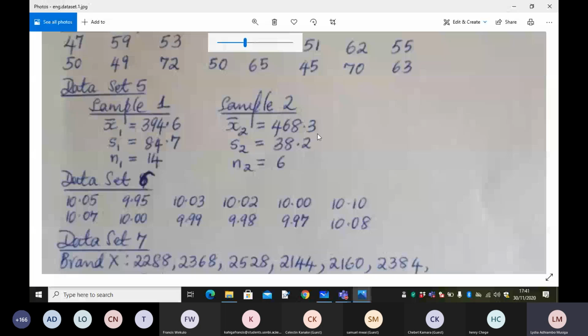We want to find a 95% confidence interval for the variance of the data set.